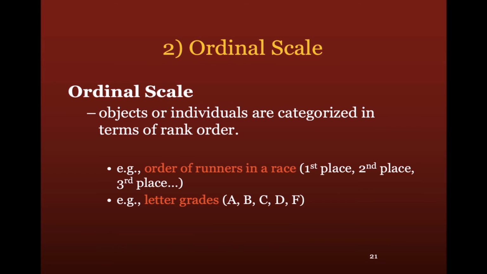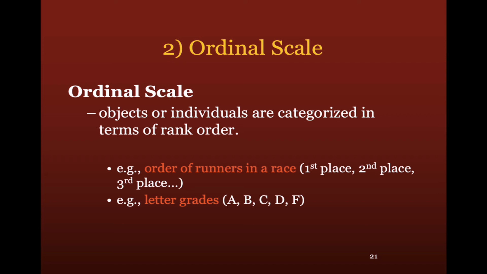Now, in contrast to nominal scales, with ordinal scales, objects or individuals are categorized in terms of rank order. So now the order in which you assign numeric values to the different possible values matters, right? So let's say I have first place, second place, third place.